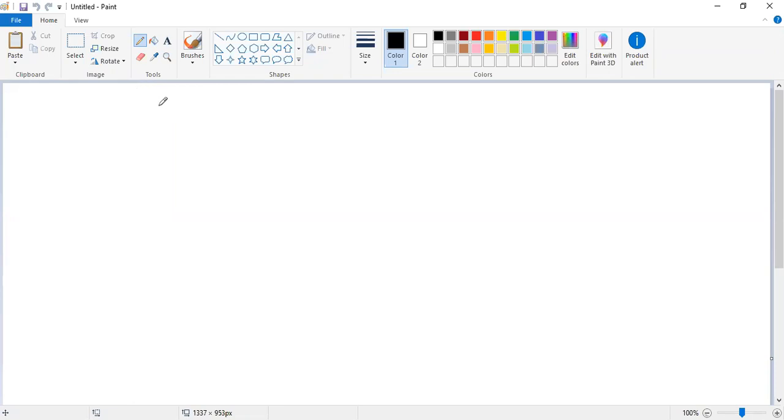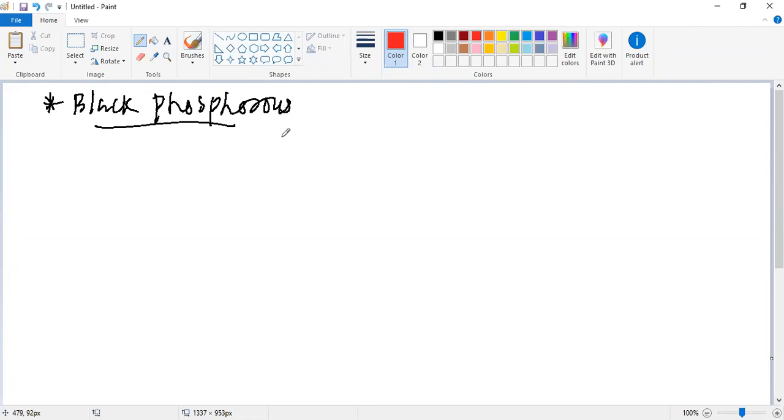Let us discuss a little more about the white phosphorus and red phosphorus. But before we move to that, let me introduce another form of phosphorus, which is known as the black phosphorus. This is another allotrope of phosphorus. This black phosphorus exists in two forms.